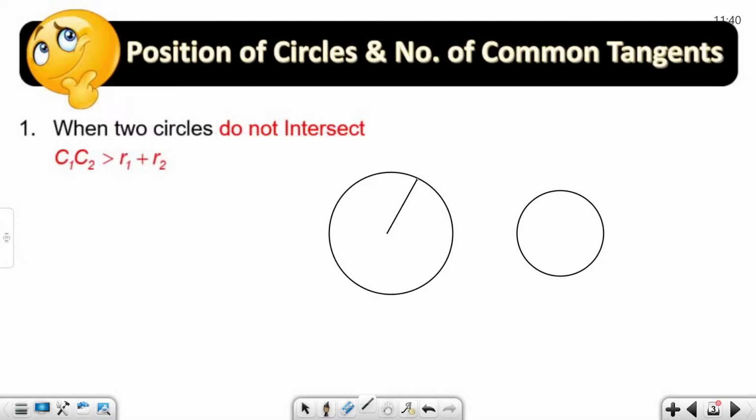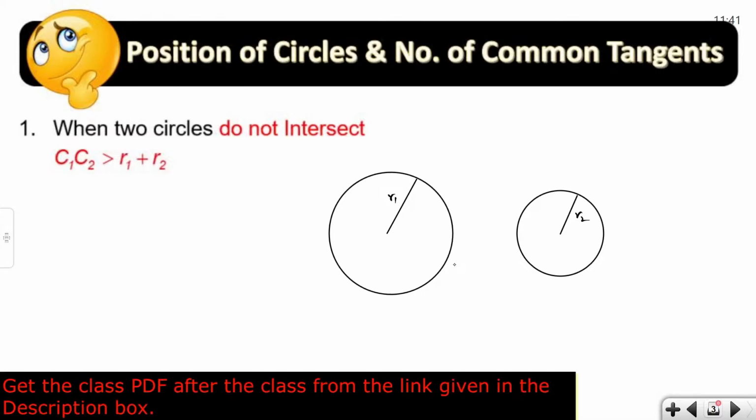This is the center, this radius is r1 and this radius is r2. Now we can easily see that these two circles are distance apart, but how to check that these two circles are neither intersecting nor touching each other?